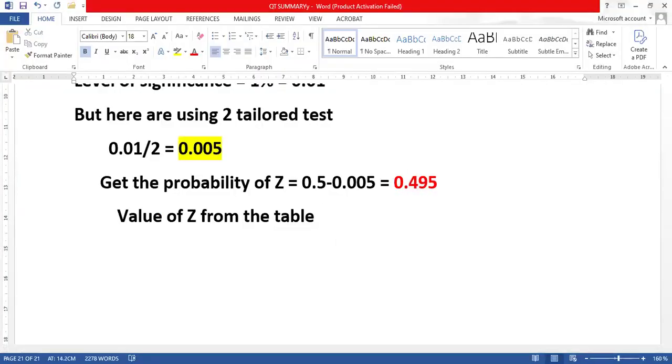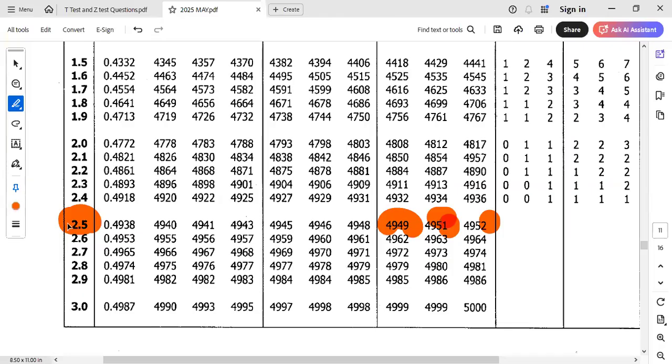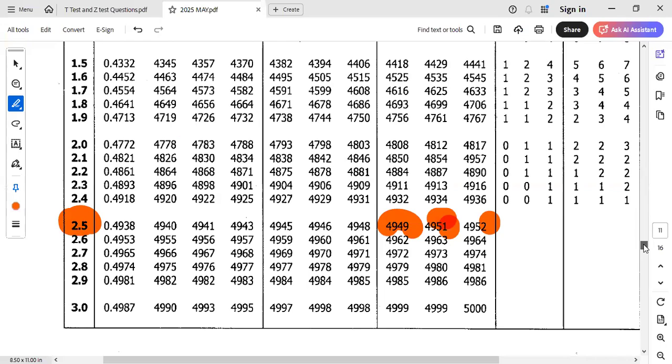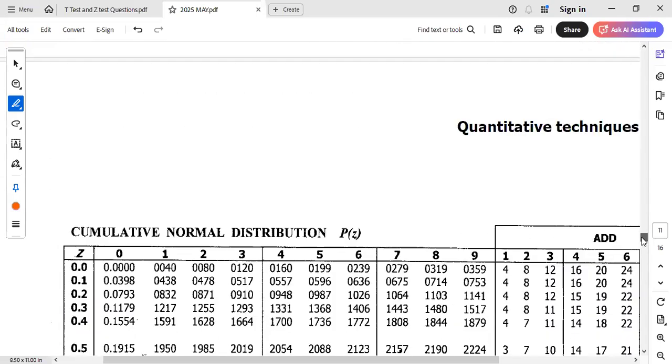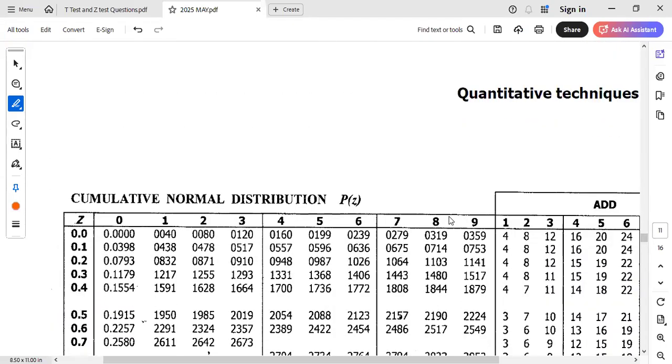So you first write that 2.5, the row figure. Then which column gives you this point? You move up. Which column? It is column 8.